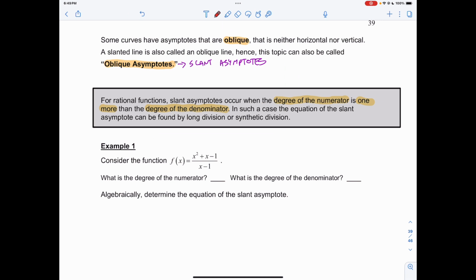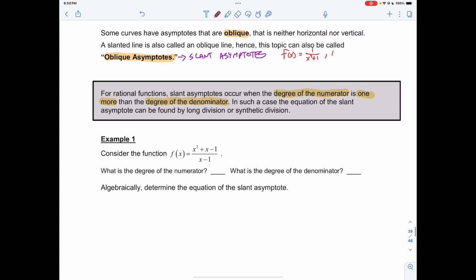If I have a function where the numerator has a smaller degree than the denominator, then it's going to have a horizontal asymptote at y is equal to 0.